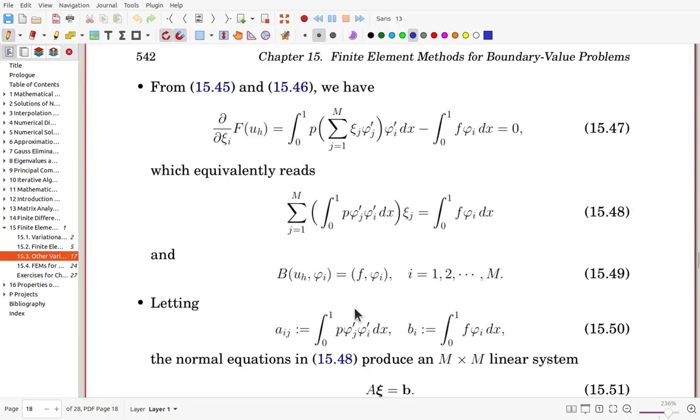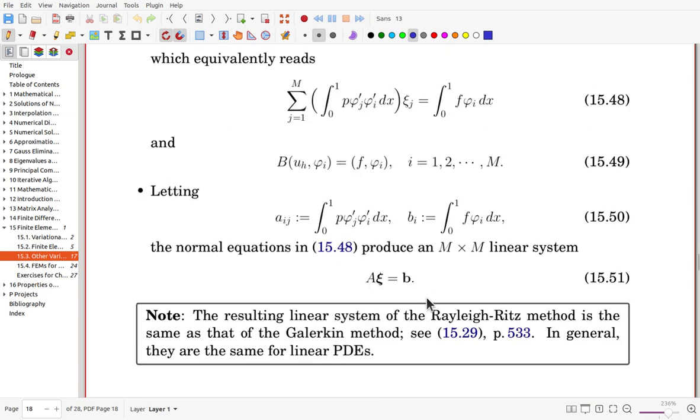Now, this one is exactly the same as the result from the collocation method, so that we can write in this way by using the definition we earlier considered, and again define Aij to be that we did in the last section for the collocation method, and Bi we define this way. So eventually we can get the same linear system.